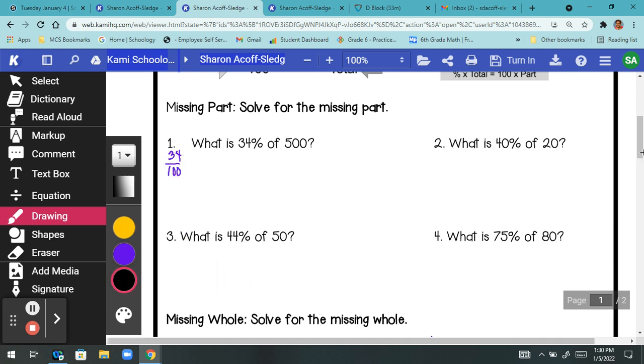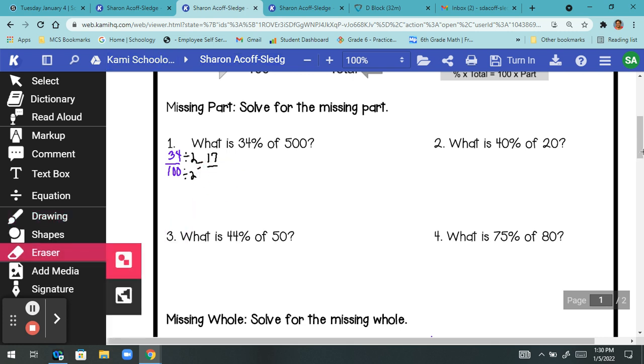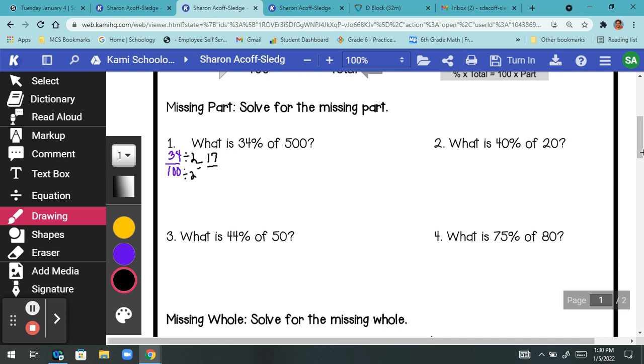And then to simplify it, we have to divide the top and bottom by 2. And that gives me 17 over 50. Okay, 34 divided by 2 is 17. 100 divided by 2 is 50.